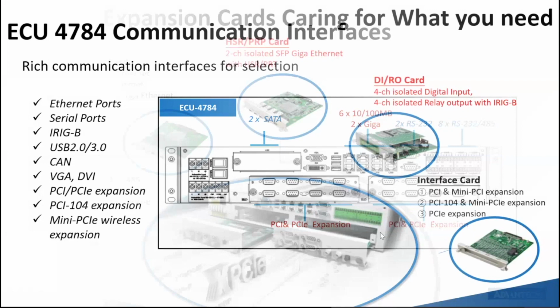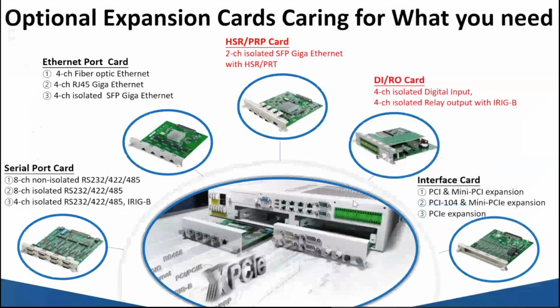Yeah, as you can see in this slide, we have multiple choices of expansion card. For serial port, we have 8-channel non-isolated or 8-channel isolated RS-232 or 485-422 ports. We also have 4-channel isolated RS-232, 485.